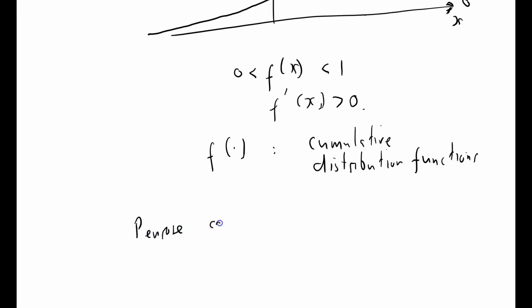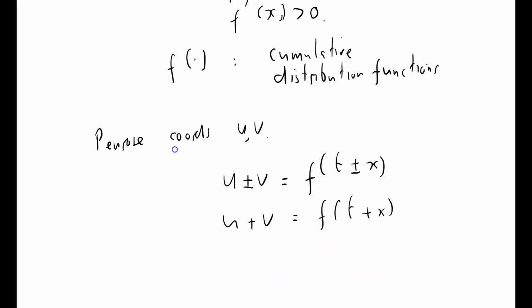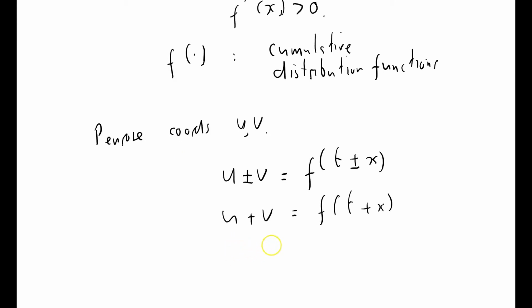Well, we've got Penrose coordinates. You normally say u and v, and they're defined in a dead easy way. u plus or minus v equals this function here, f, which I'm leaving open for the moment. I'll show you different choices in a minute, of, let's say, t plus or minus x. So u plus v equals f of t plus x, and u minus v equals f of t minus x.